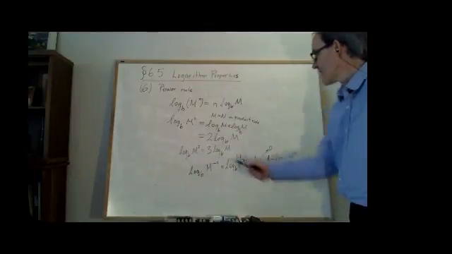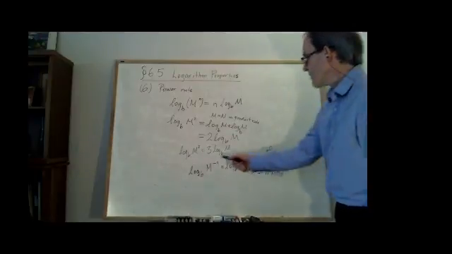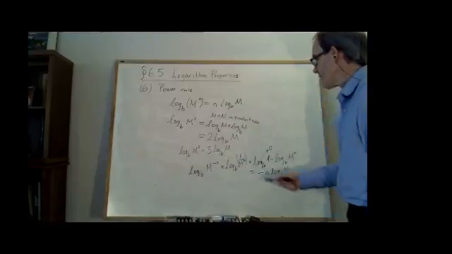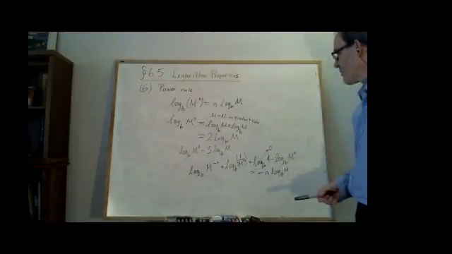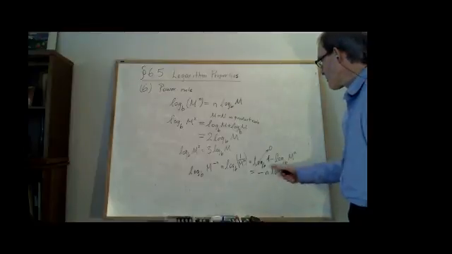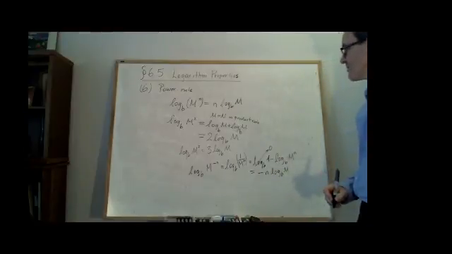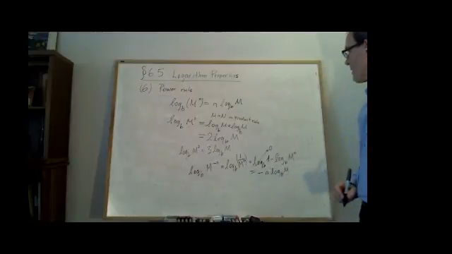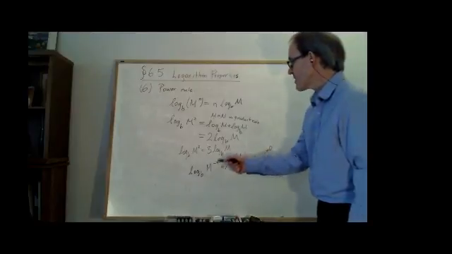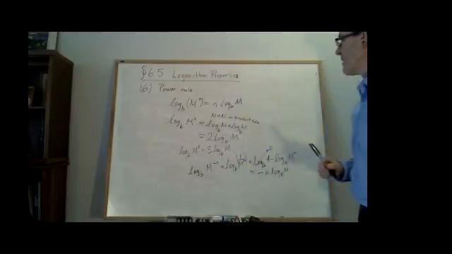So that shows that if you have a negative integer here, then the integer will come out and be multiplied by the logarithm in front. And if you have a fraction in here, a rational number, then it again works.